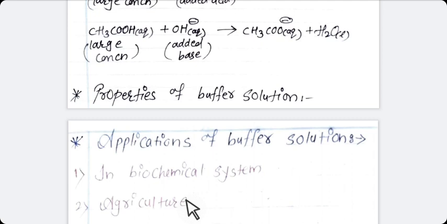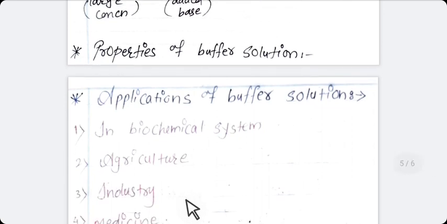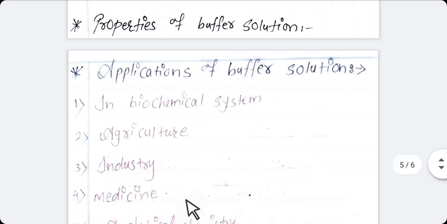The choice of fertilizer depends upon the pH of soil. The next application is in industry. Buffers play an important role in paper, dye, ink, paint and drug industry.